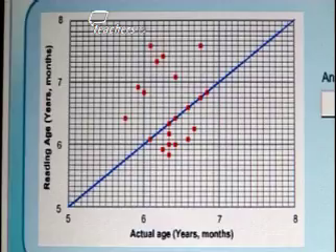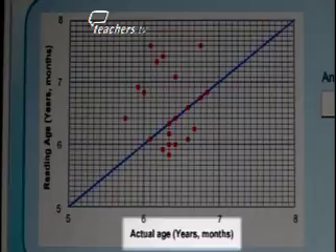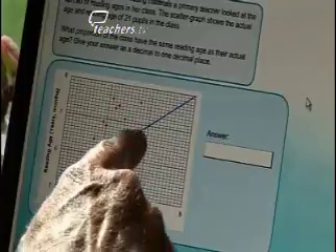If we look at the scatter graph, the first thing to realize is what the axes are telling us. On the x-axis, we have the actual age in years and months. When you look at the division between the numbers, you'll see there are 12 minor lines, each one representing a month.